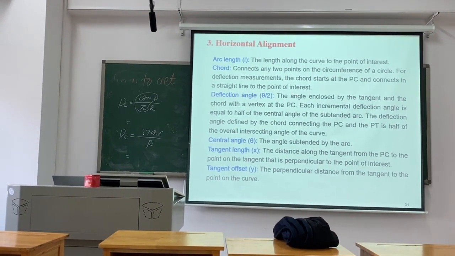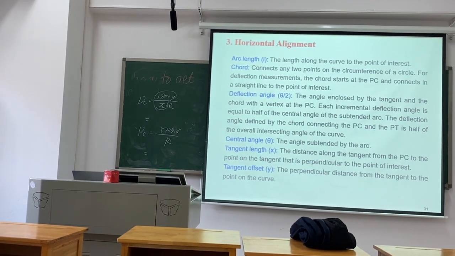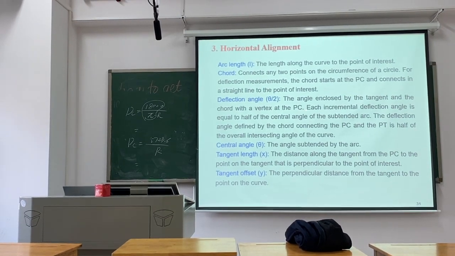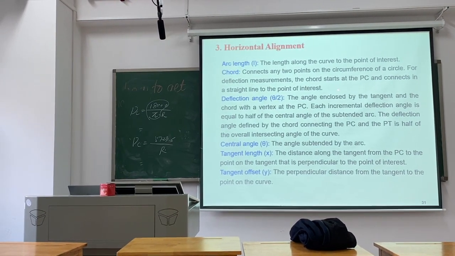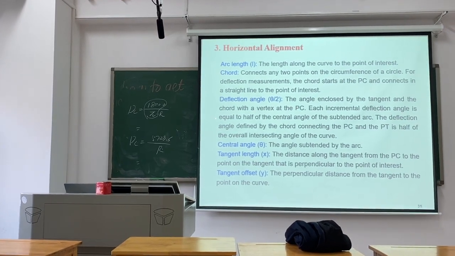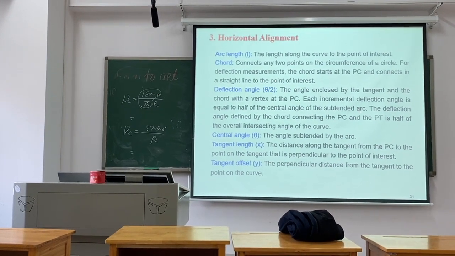Deflection angle: the angle enclosed by the tangent and the chord at the PC. Each incremental deflection angle is equal to half of the central angle of the subtended arc.